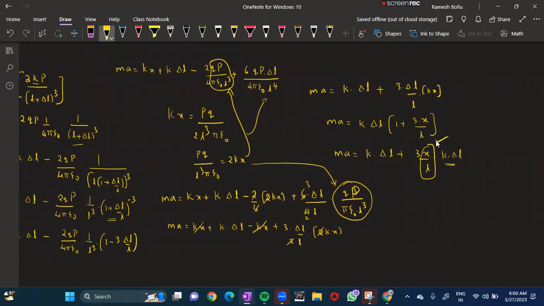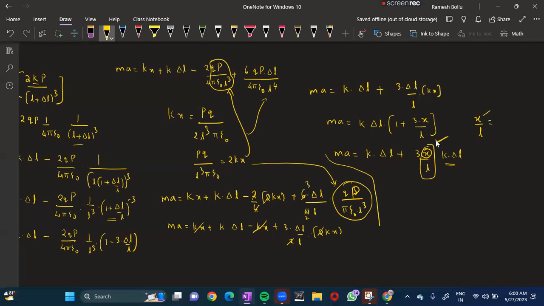This x by L value, almost all, this x is the very little elongation and initial elongation here. X by L, almost all we can take it as a 1.